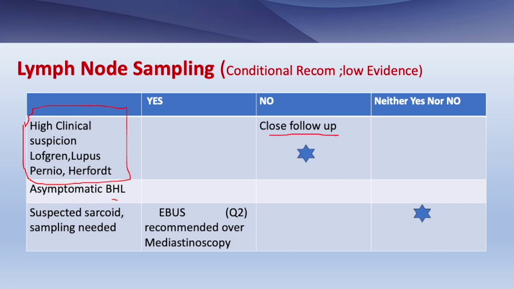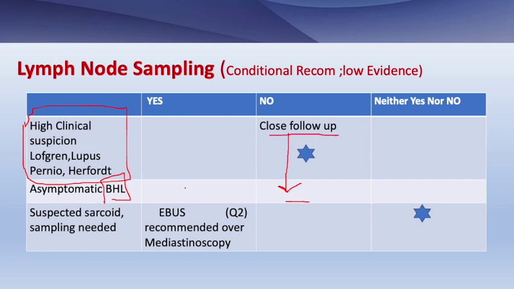A patient with asymptomatic bilateral hilar lymphadenopathy would again fall in a group where you may not do lymph node sampling, but you may want to closely follow up. Almost 60% of patients who have asymptomatic bilateral hilar lymph nodes will have spontaneous resolution of these lymph nodes, but you may want to closely follow up your patients even if you don't do a regular sampling in all of them.